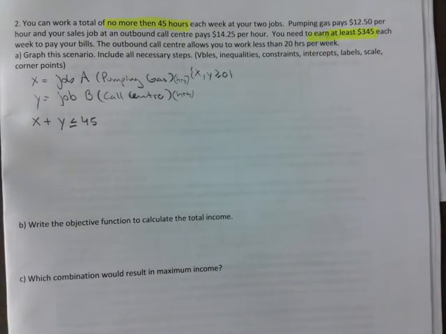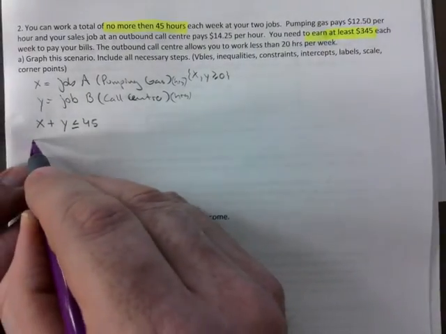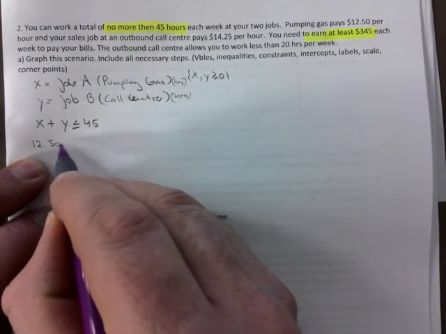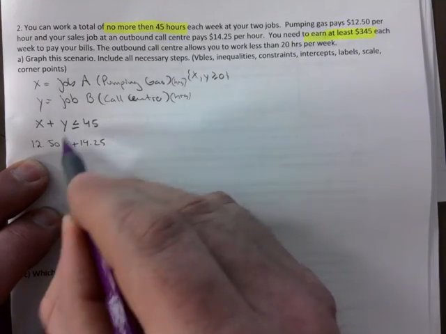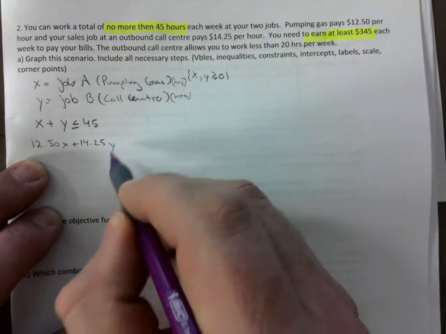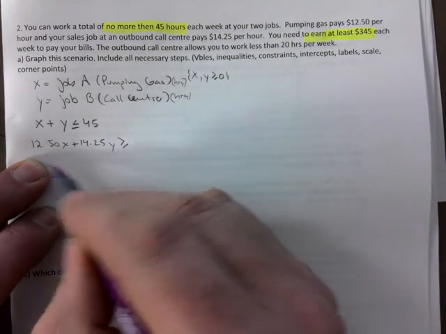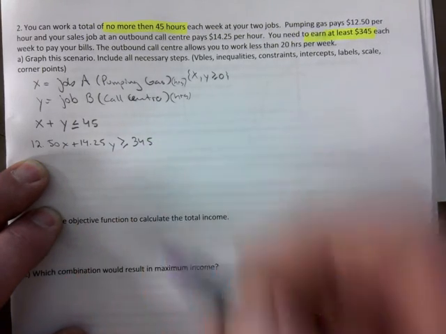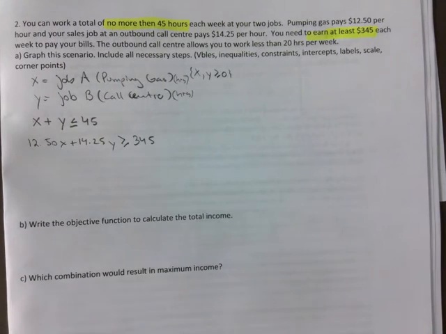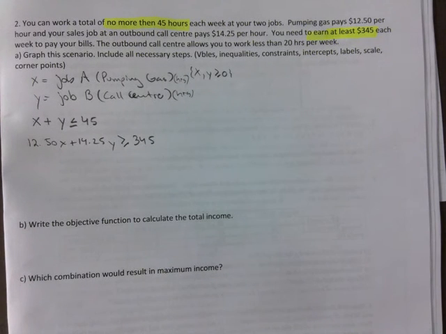So there's a dollar amount. So you're going to use the dollar coefficients, like so. And this combination that you're going to be working, you want that to be greater than or equal to 345, at least $345 to be earned there.